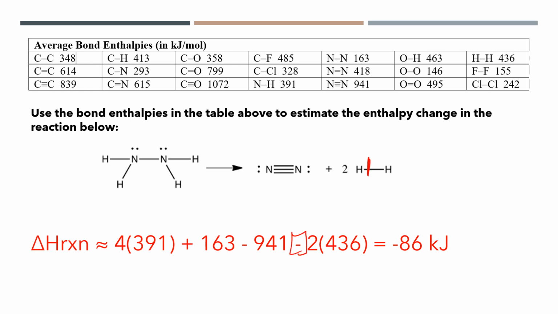Again, we're forming the bond, so it has to be negative. And then these guys are positive because we are breaking those bonds. I hope that makes sense. Keep in mind that this process isn't 100% right, because let's say that that's bonded to a nitrogen instead. That might affect that bond. But for our purposes, we're going to say that it works out nice and easy for us.